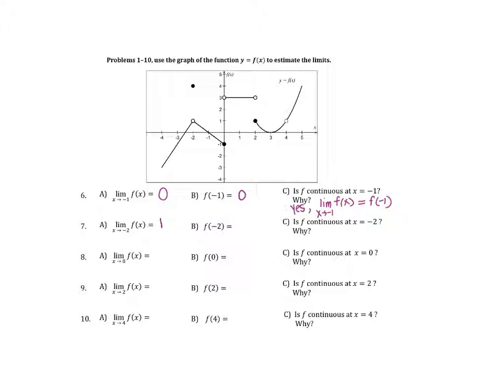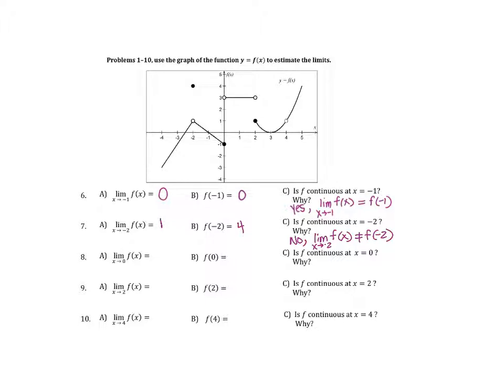The actual function's value was 4. So are we continuous at negative 2? And the answer would be no. And again, you have to state why. And we're going to say that the limit as x approached negative 2 of our function does not equal the actual function's value at negative 2.